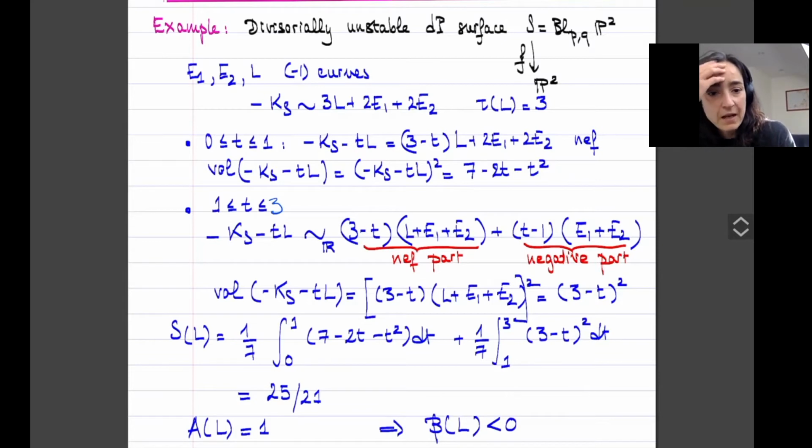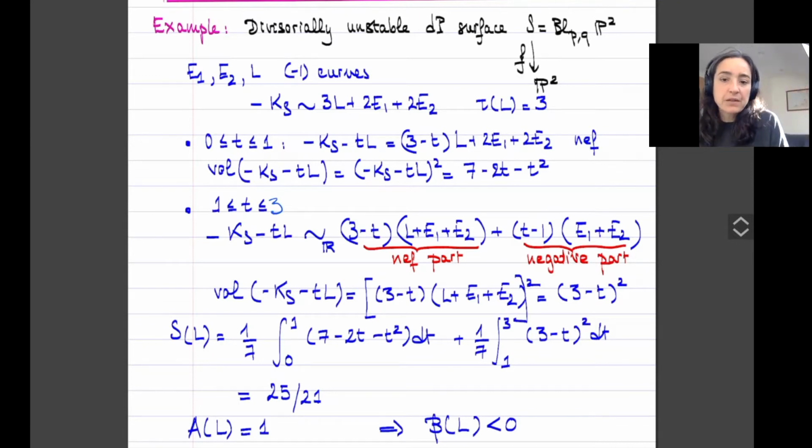You find that the nef part is (3 minus t) times (L plus E1 plus E2), and the negative part is what's left over, so that the volume is (3 minus t) squared. Now, if you compute the expected vanishing order, you find 25 over 21. Because L is a divisor on the surface itself, its log discrepancy is just 1, so the beta invariant is strictly negative.